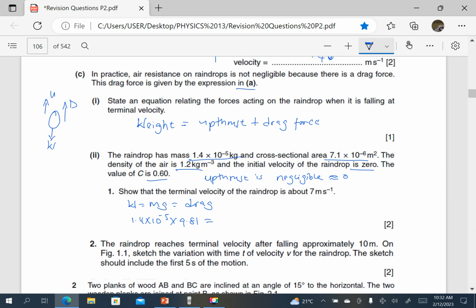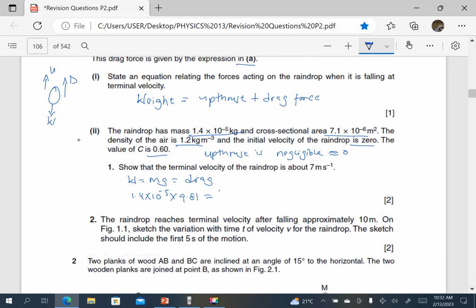The drag will be a half times c, which is 0.60, times density, which is 1.2, times the cross-sectional area, which is 7.1 times 10 power negative 6, and then times v squared.